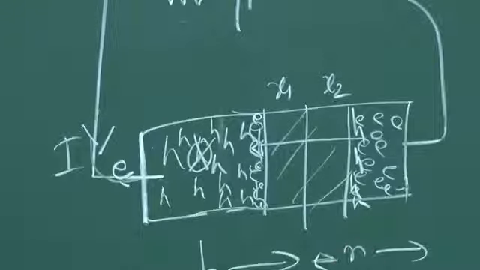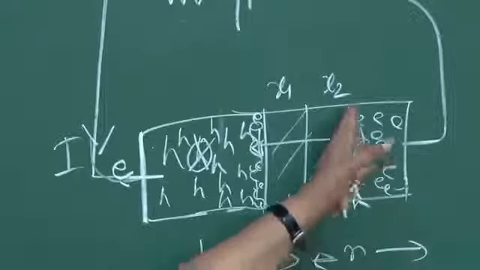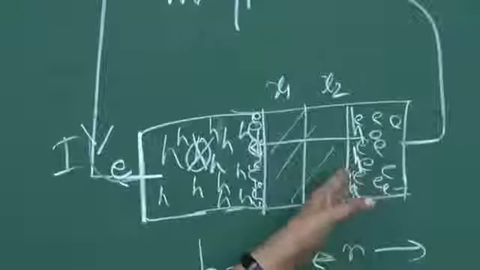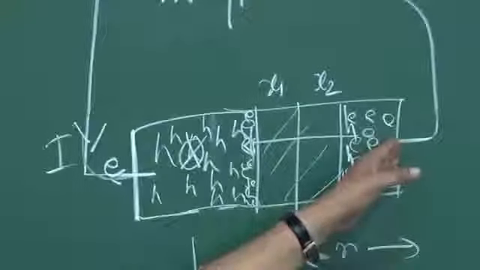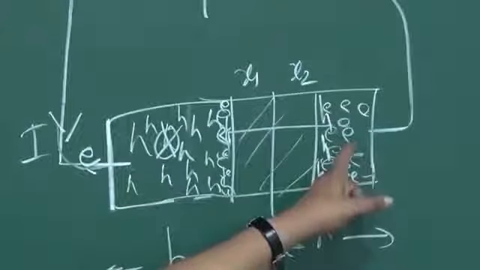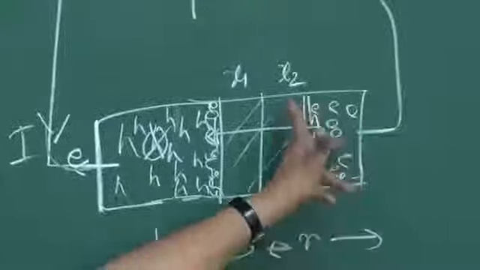So similar is the story on this side also. The holes have a large concentration here at the edge of the depletion layer, and on the other side towards that contact they have to diffuse, and during diffusion they can combine with an electron, and one electron can go.